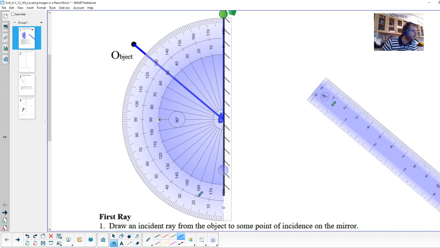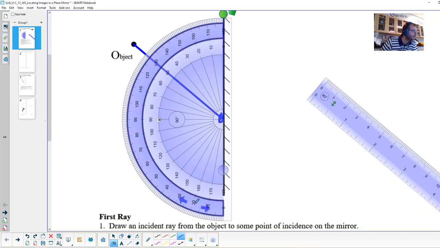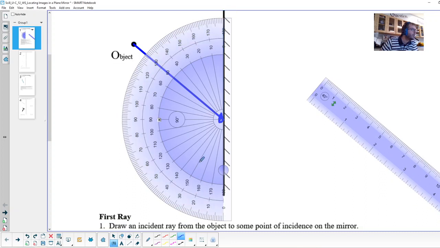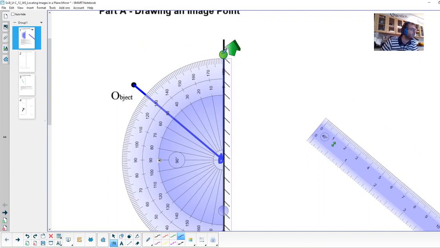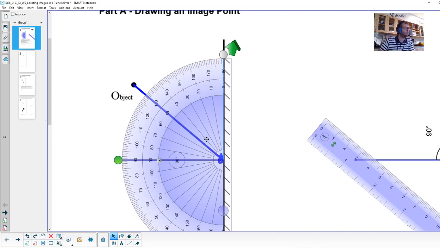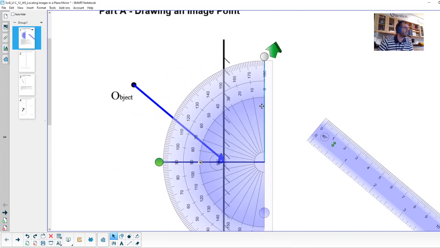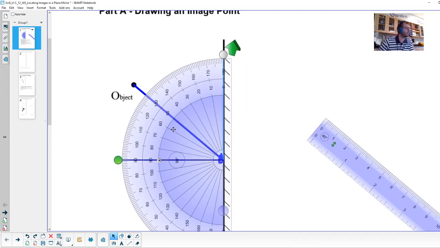And then, that's what I'm looking for right there. I want to set that up to 90 degrees. You won't have that, of course, but you'll set that up using your own.